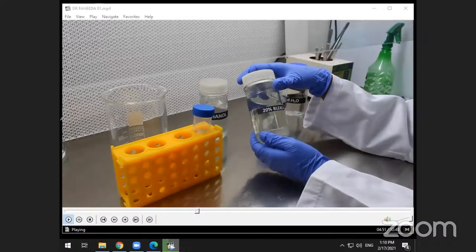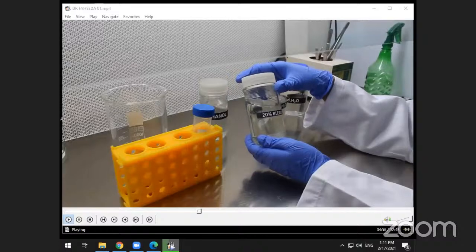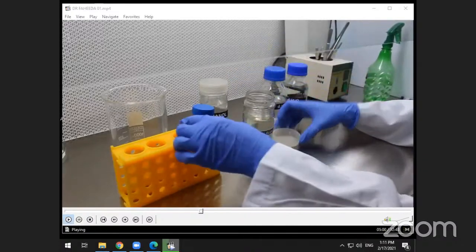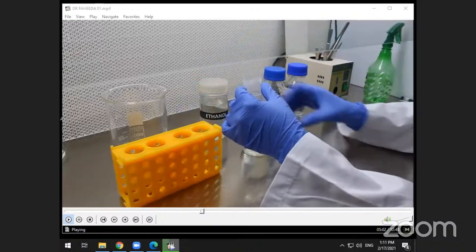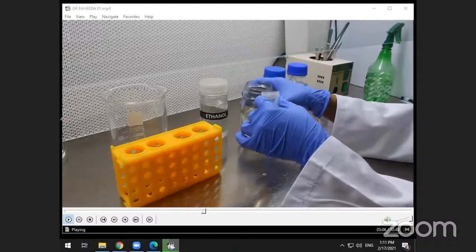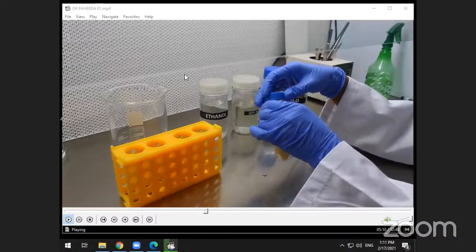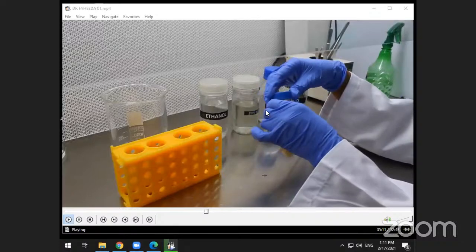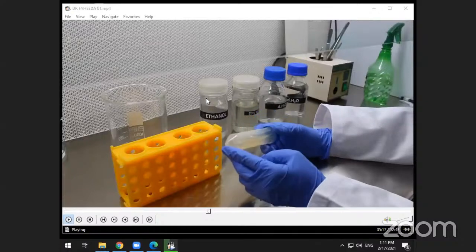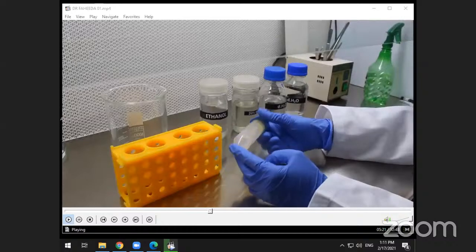Now add 20% commercial bleach, that is sodium hypochlorite, for 10 to 15 minutes, with constant shaking so that seeds get properly exposed and sterilized.